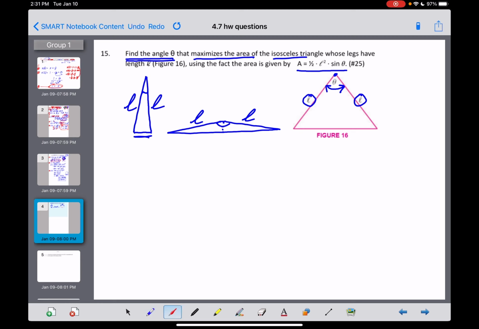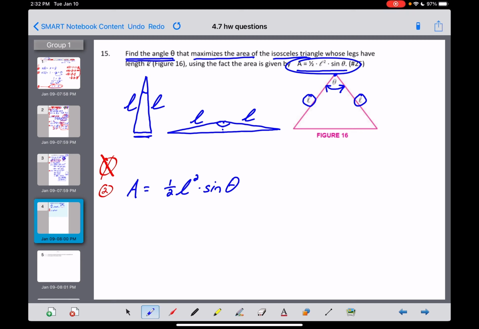So in that regard, guys, step one, actually really step two, there really is no step one here. Step two is already done for you. We're trying to maximize the area of the triangle. Here's the area equation. Area is equal to 1/2 times L squared times the sine of theta. That is a variation on the formula for the area of a triangle that you may have learned at some point along the way, and if not, don't worry about it.